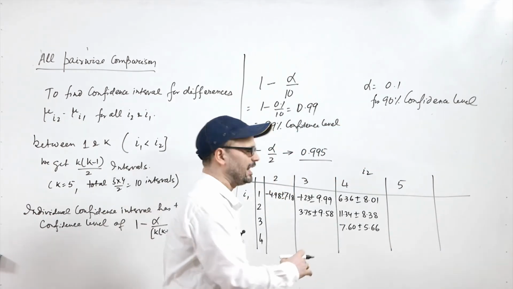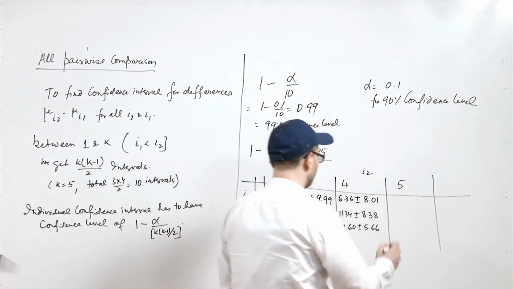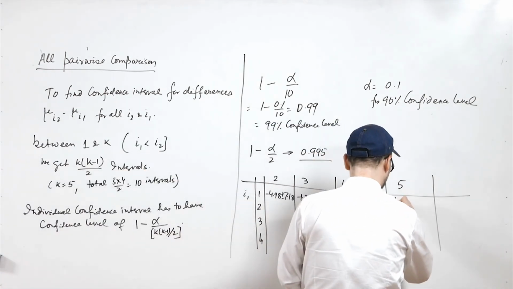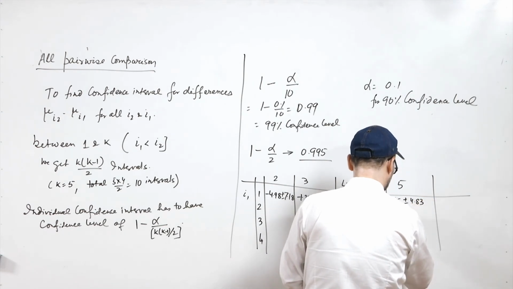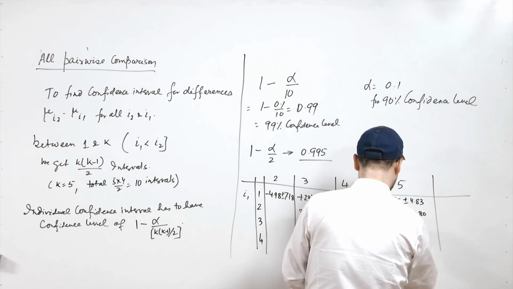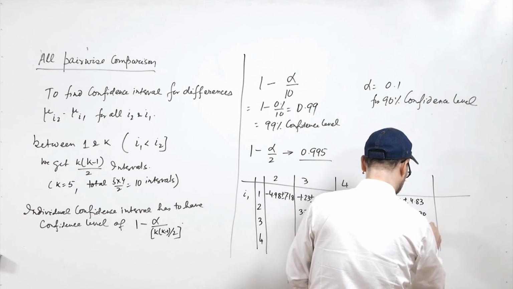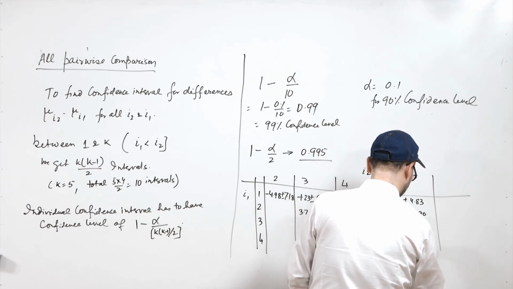It is left to you as an exercise to find it. For the fifth one it will be 17.15 plus minus 4.83, then 22.12 plus minus 3.80, 18.38 plus minus 7.73, and 10.78 plus minus 5.85.